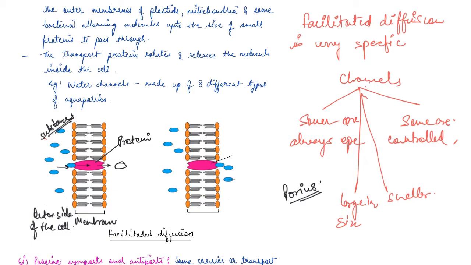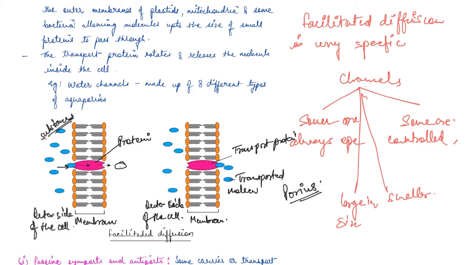If you see the other diagram, again this is the membrane, this is the outer side of the cell. Now this is again the transport protein. This is the transported molecule which has come inside. So this area is the inner side of the cell, right? So this is all about facilitated diffusion, right?